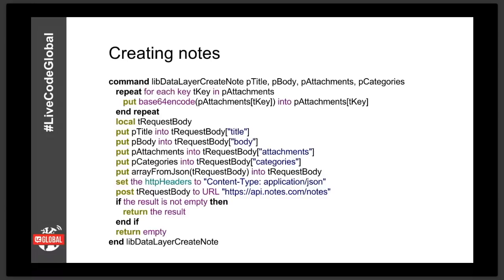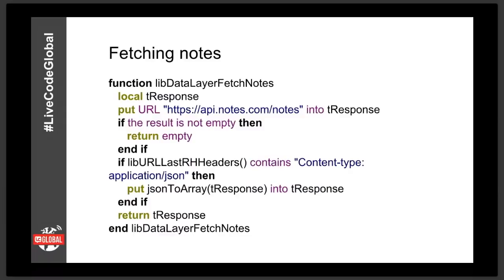So we're setting the content type to application/JSON, and then post that up to the server. The URL is exactly the same, but this time instead of being a GET request, it's a POST request. Check result, and then if all's gone well, return the empty string to let our UI know that everything has worked as desired. So that's how we create a note, and that's how we fetch a note.